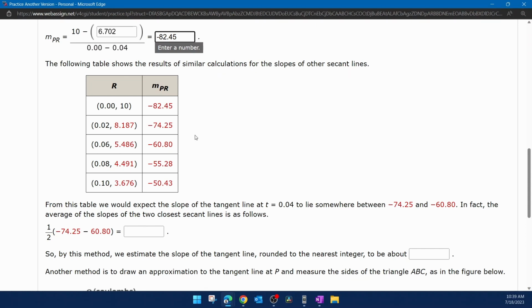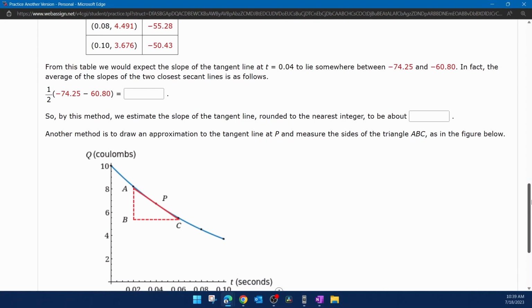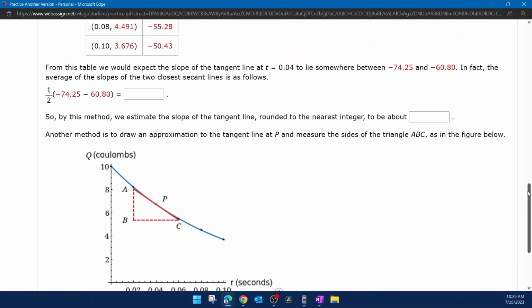So they've given us a table where they've already done most of the work for us. And then if we keep scrolling down, it says from this table, we would expect the slope of the tangent at time 0.04 to lie somewhere between negative 74.25 and negative 60.80.